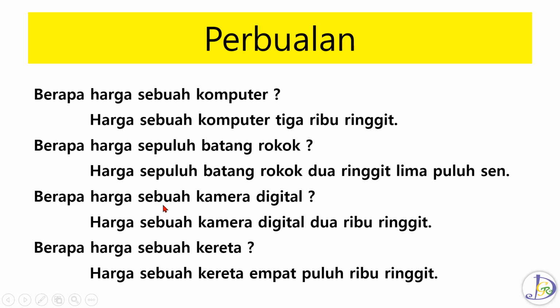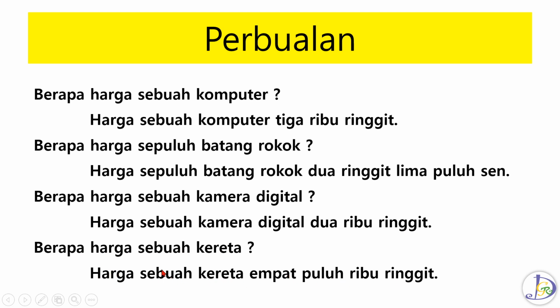Berapa harga sebuah kamera digital? How much for a digital camera? Harga sebuah kamera digital RM2,000. The price for a digital camera is RM2,000. Berapa harga sebuah kereta? How much for a car? Harga sebuah kereta RM40,000.